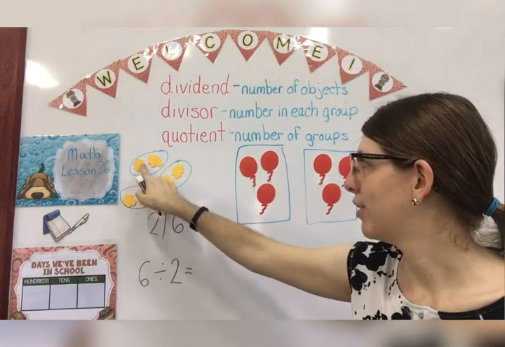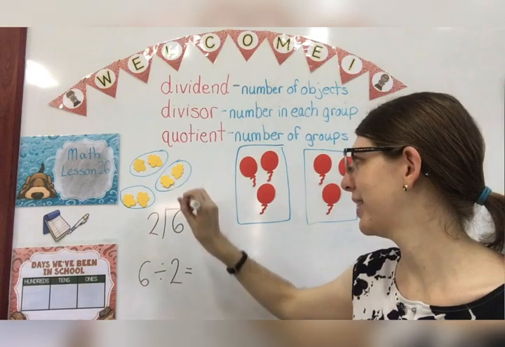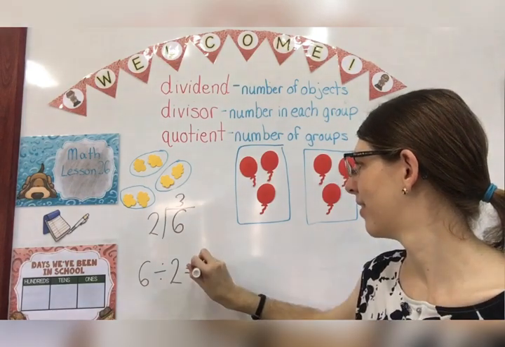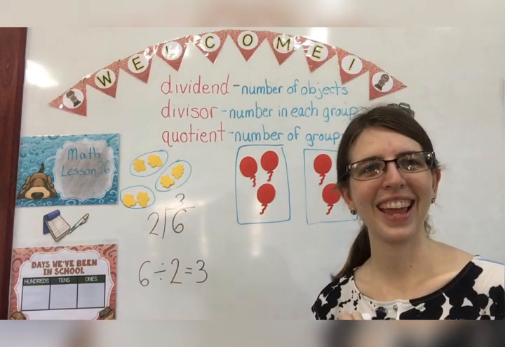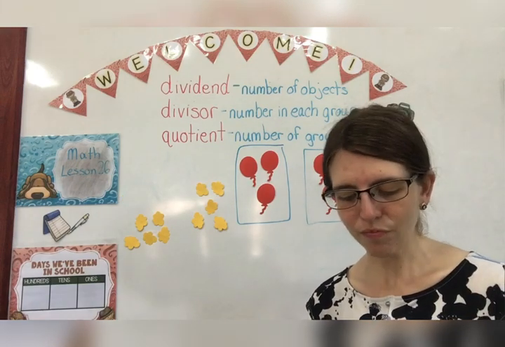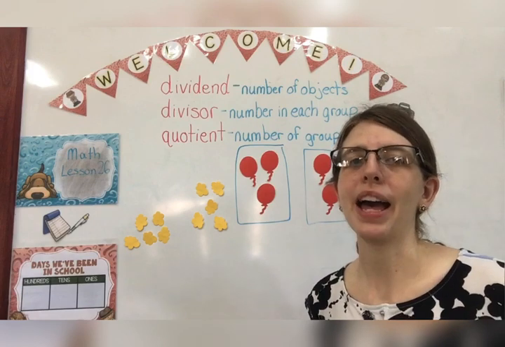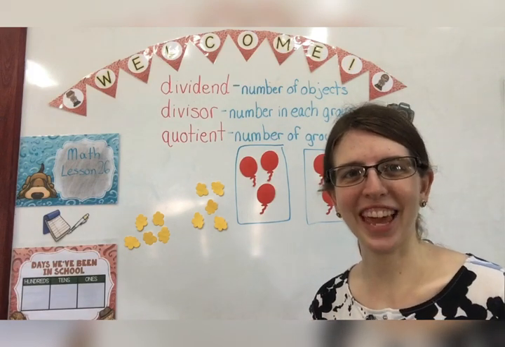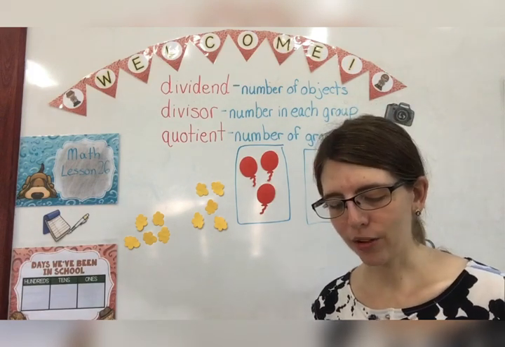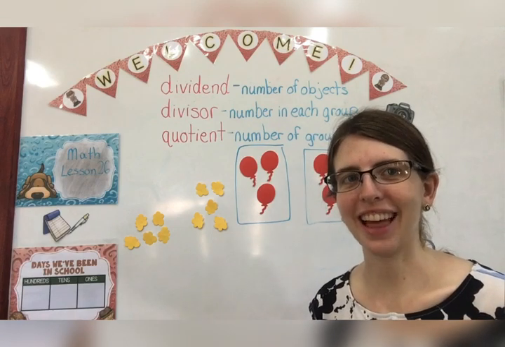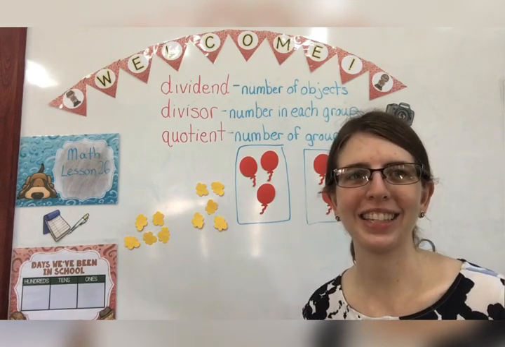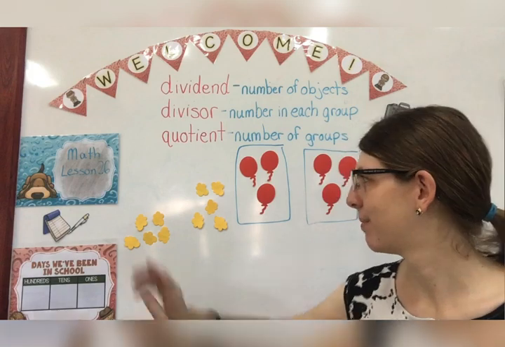I have 2. There you go. Very good. So 10 entre 5 es 2. Very good. Okay, now we're going to do the next side of your paper.